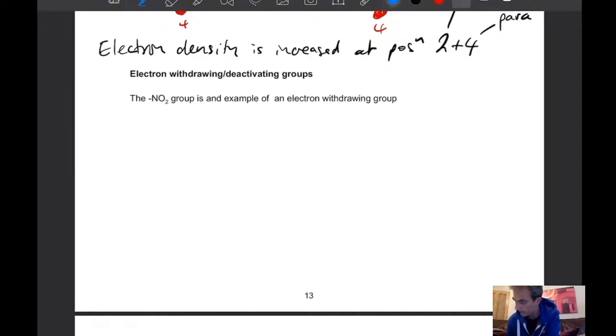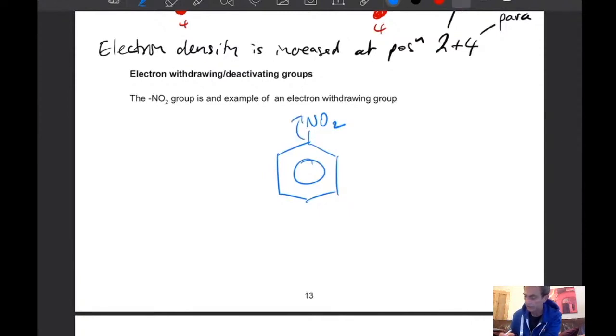So let's just draw the diagram in the middle here. What that does is it pulls the electron density out of the ring. The arrow is showing that the electron density is being pulled out of the ring.